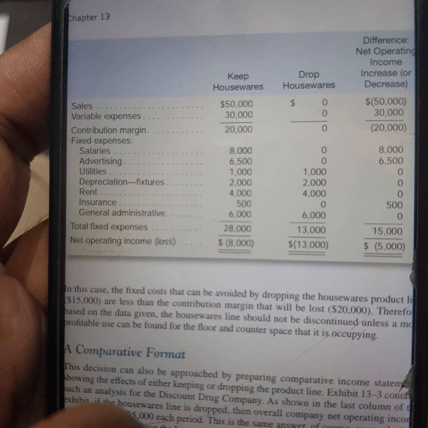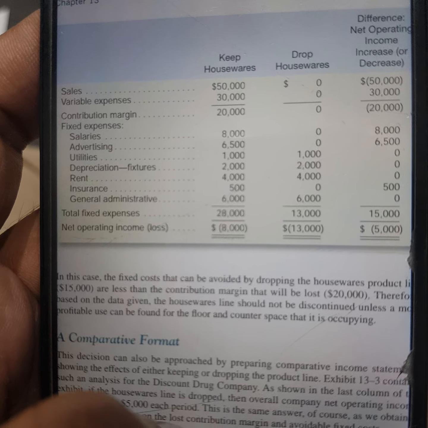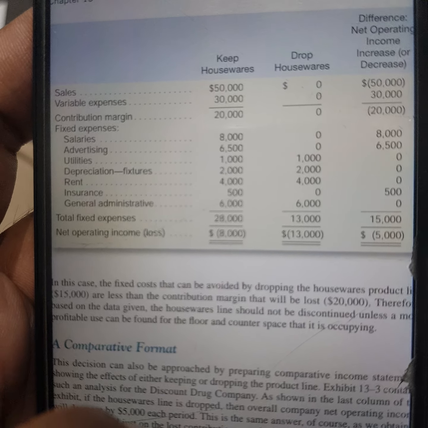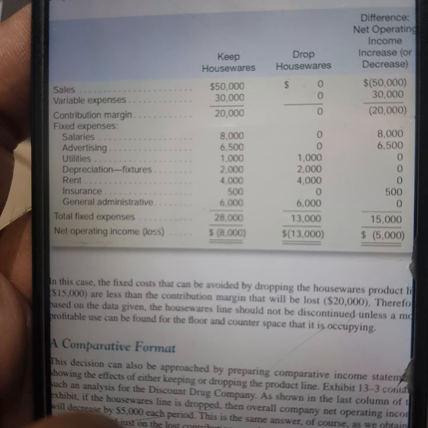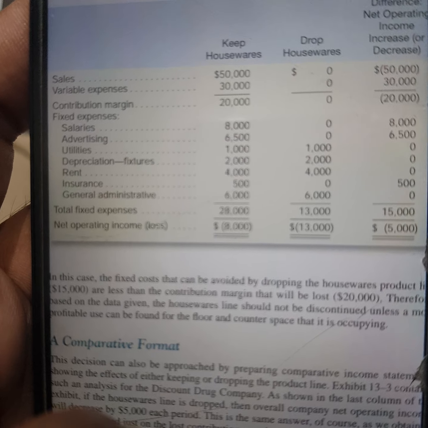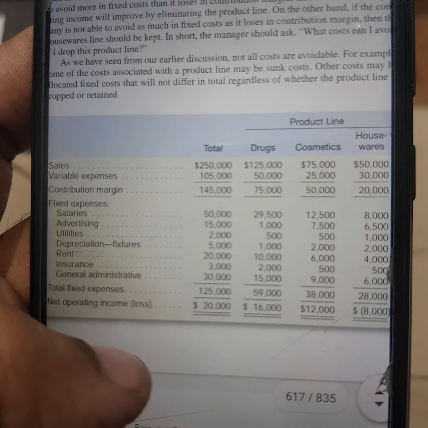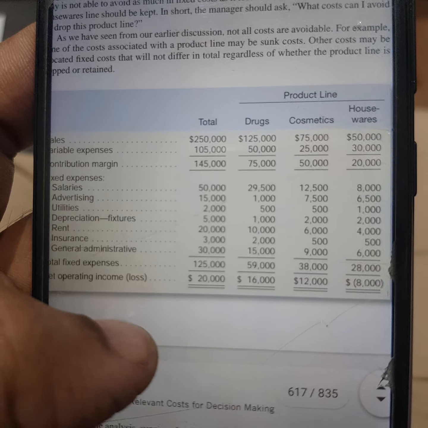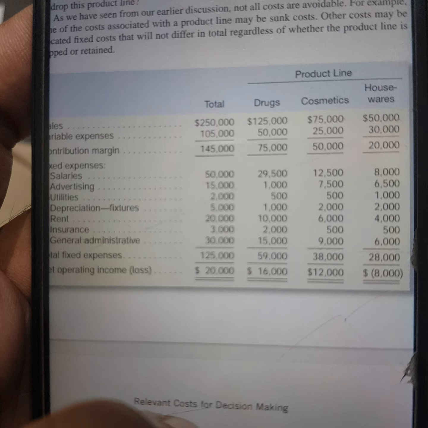With the discontinuation, the advertising, the salaries, and the insurance are discontinued, and we can easily avoid these types of costs. By avoiding these costs, our net operating loss declined to 5,000, as before, when we were unable to remove the avoidable cost, the net operating loss of housewares was 8,000.